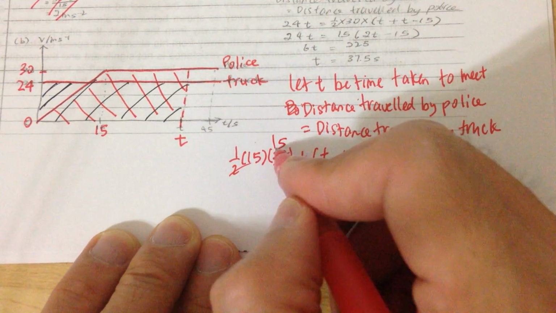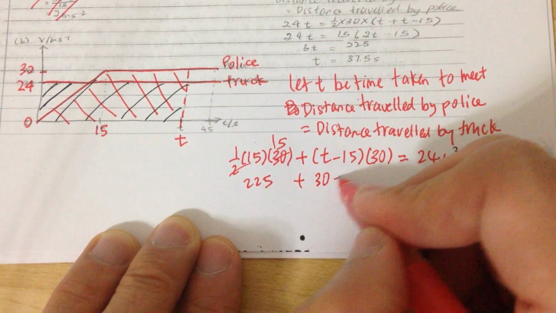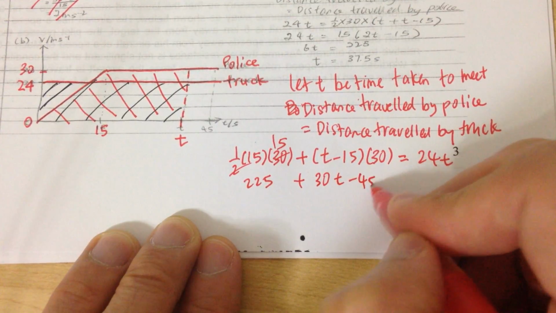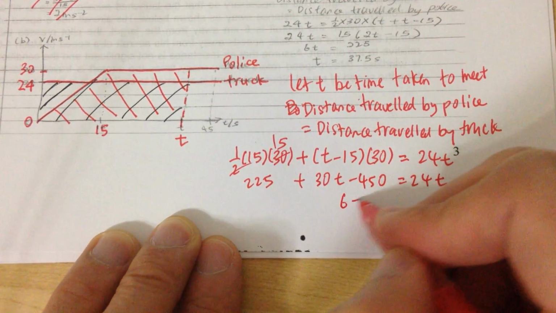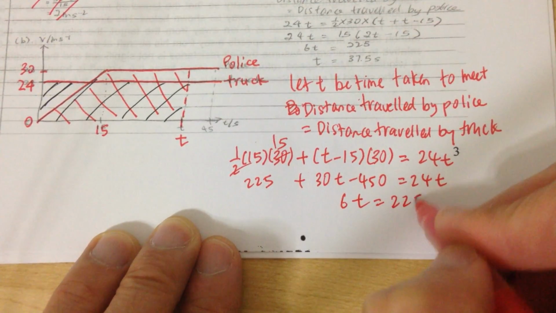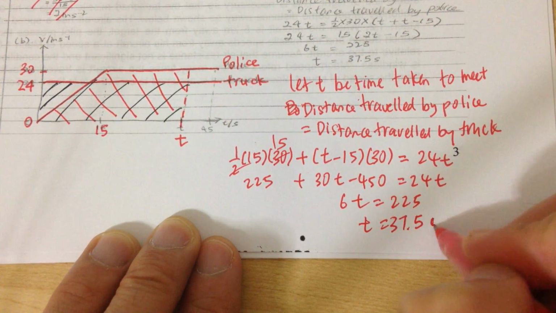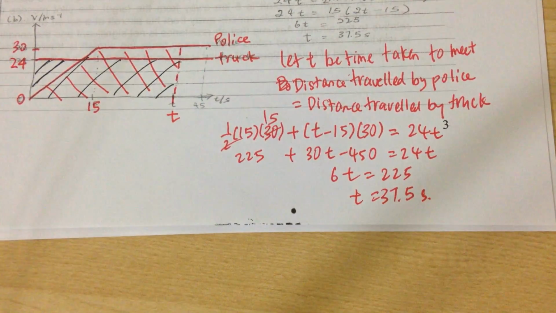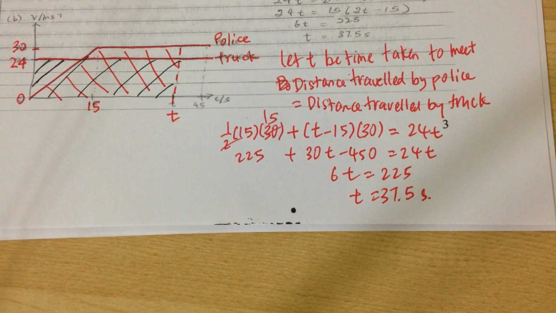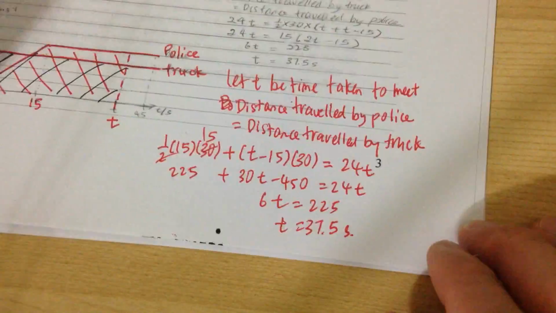So if you put them together, you'll be able to solve it as t equals 37.5 seconds. So that's the solution for this part. Okay, let's move on to the next question.